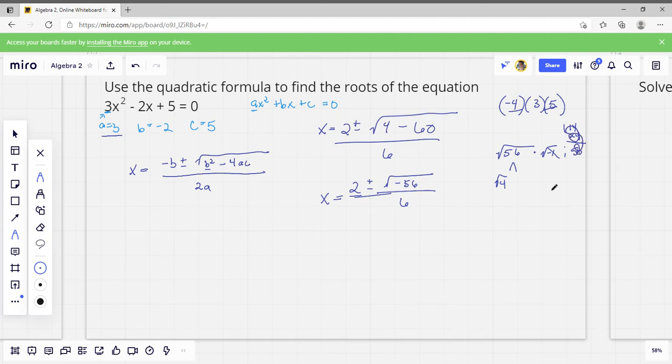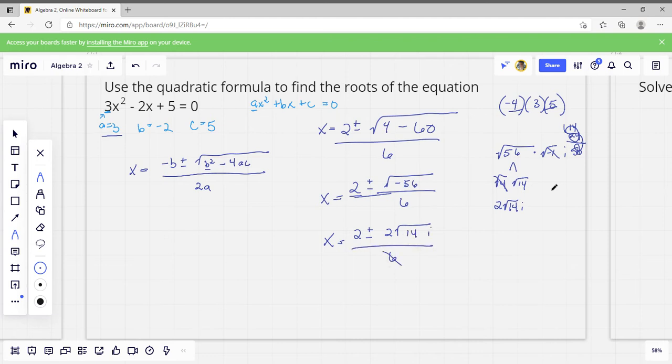So it's 4 times 14. The square root of 4 times the square root of 14. That we can pull out and make it 2 times the square root of 14i. So we get x equals 2 plus or minus 2 times the square root of 14i over 6.